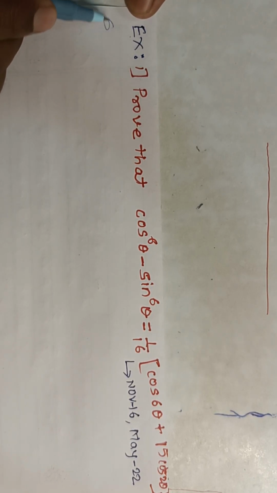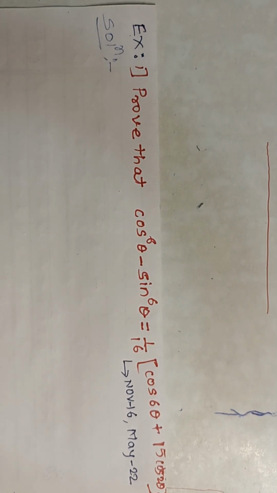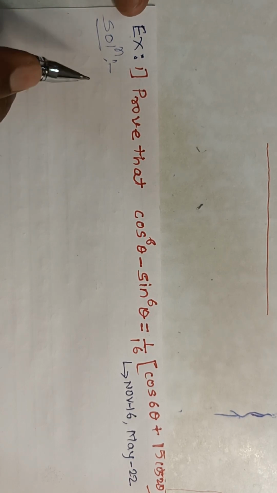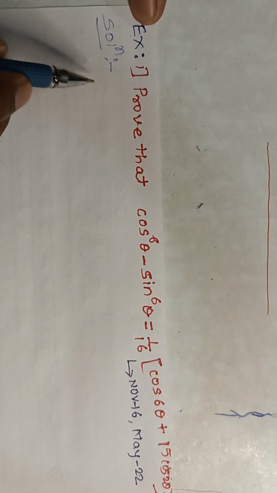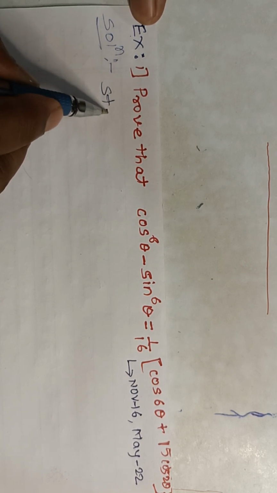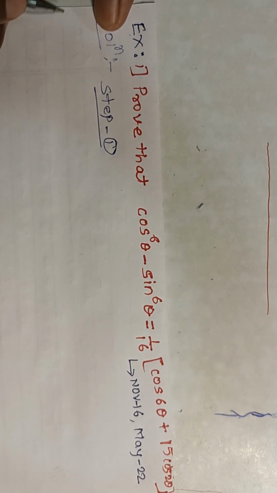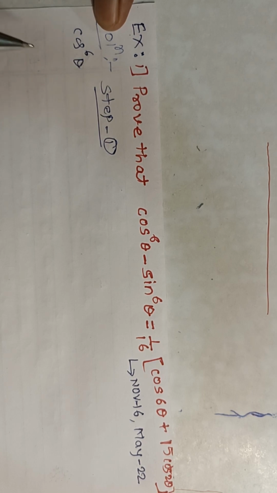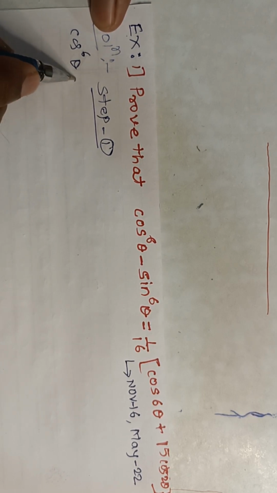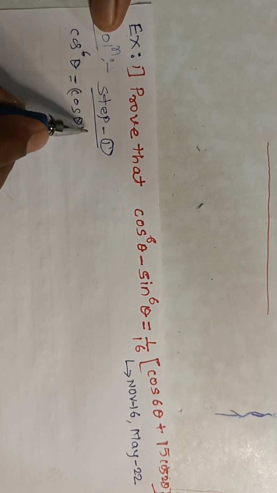Solution for this. We can say step number 1, to find sixth power of cos theta. Sixth power of cos theta can be written as cos theta to the power 6.